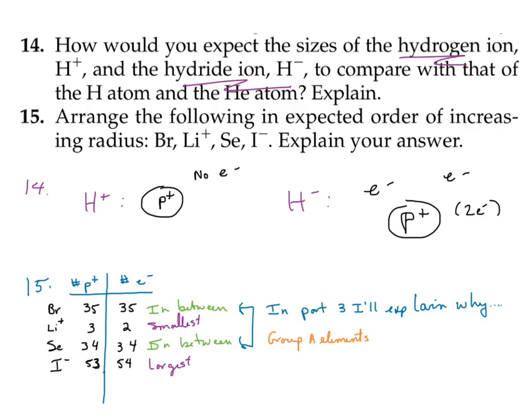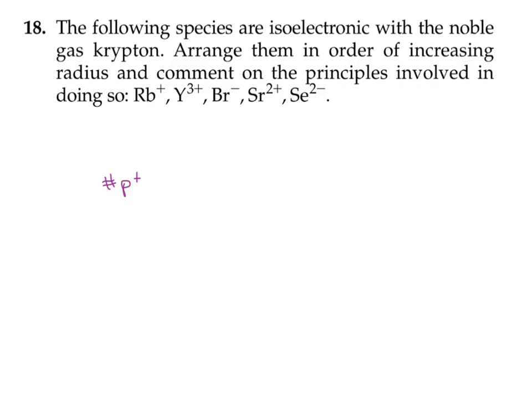This is where I made these a while back, so I really told you the answer to this one, because bromine and selenium are in the same period, and I didn't know we were going to cover part 3 before that. This is where it feels weird, but actually bromine is smaller than selenium. We just talked about that.